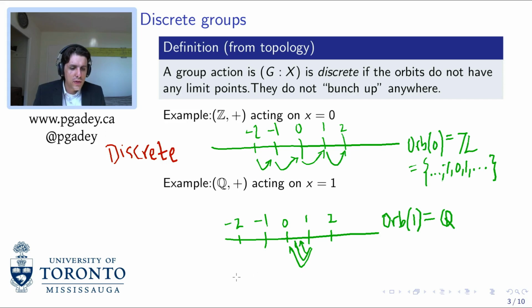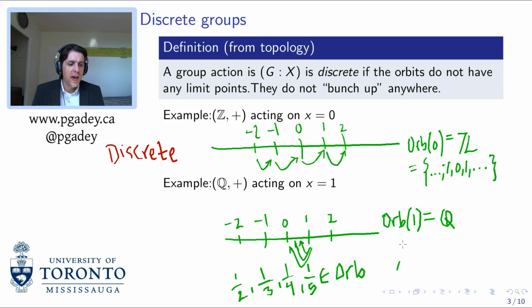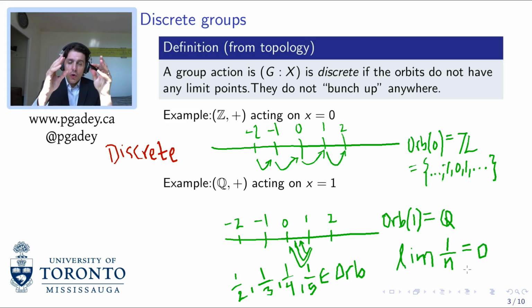And in particular, we're going to have the rational numbers a half, a third, a quarter, a fifth inside our orbit. And we know that the limit of 1 over n is 0. Right? So these orbits all collect around the point x equals 0.